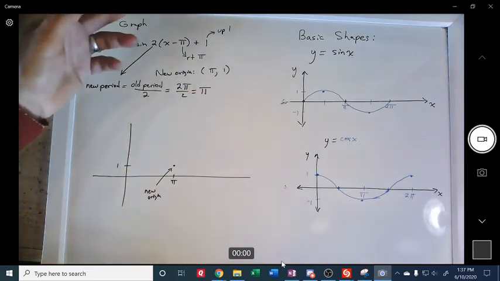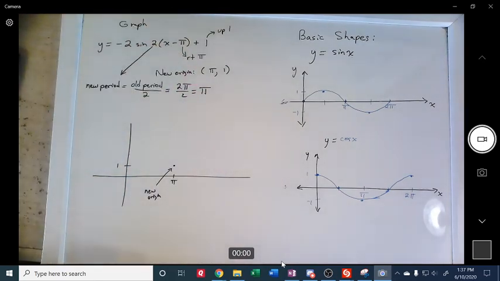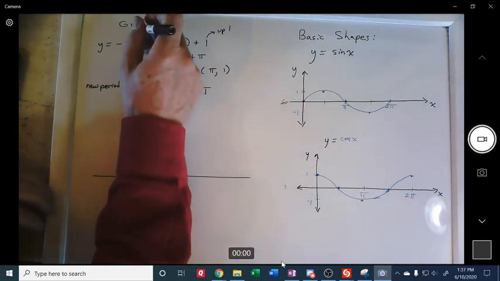Now, instead of a period of 2 pi, we only have a period of pi. That's the same as horizontal compression by a factor of 2. We squished it in horizontally, so it only takes up half the amount of space before you're done with one period. Okay?